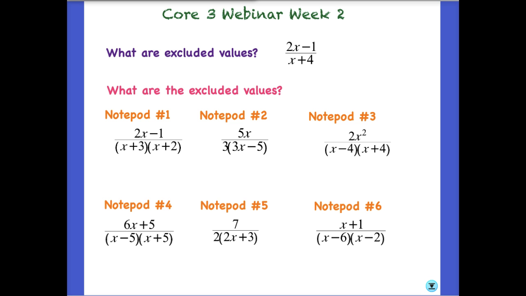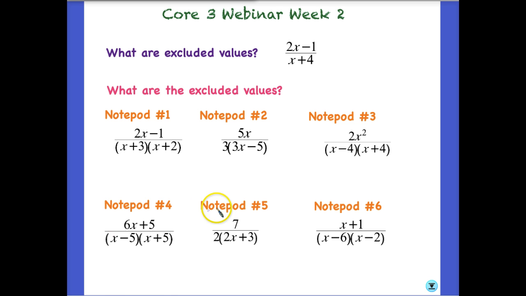So let's talk about excluded values, you guys. Okay. If we have something like this, 2x minus 1 over x plus 4, as we talked last time, that's a rational expression. It's a fraction. And you guys, anyone can answer this. Can we divide by 0? Can you have division by 0? Division by 0.